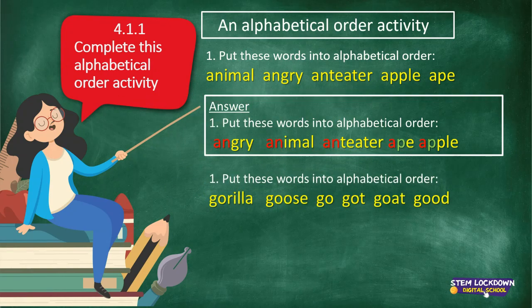Then you have to put these words into alphabetical order. Gorilla, goose, go, got, goat, good. What I mean is please put these words into alphabetical order. Right.